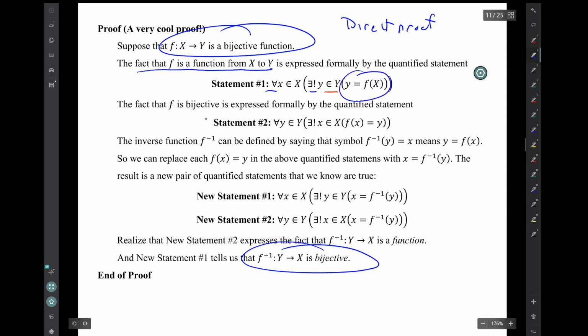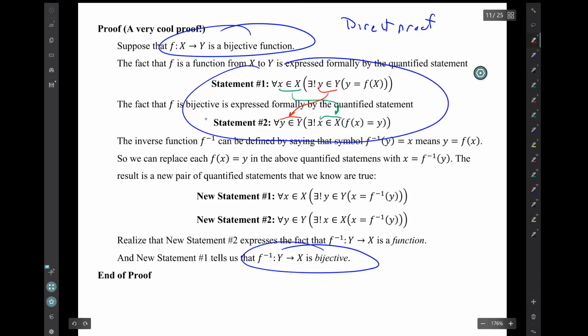And the fact that a function is bijective is also expressed formally by this quantified statement. Now look at these two statements. Again, they're slightly different. The quantifier involving x is in a different place in these two expressions. One expresses the fact that f is a function. The other expresses the fact that f is bijective.